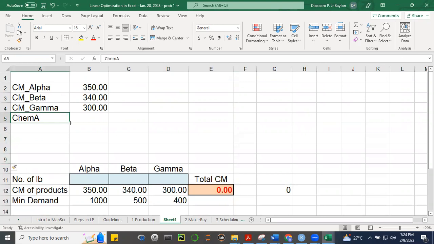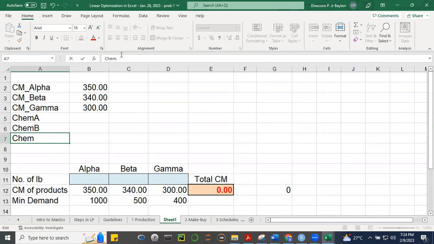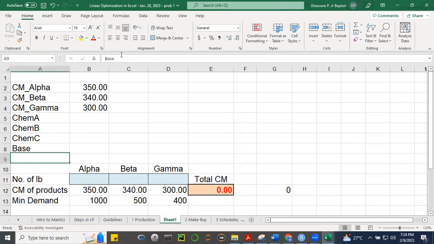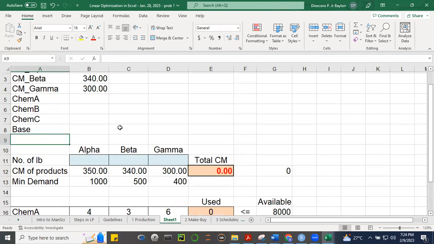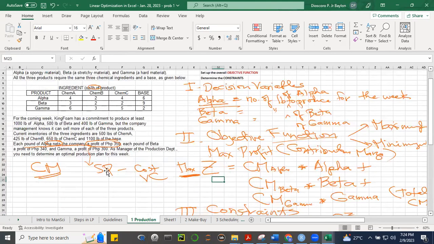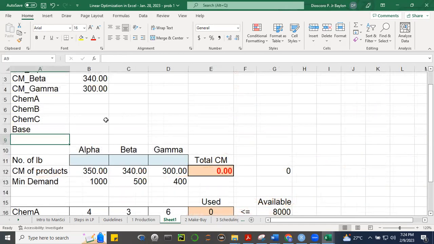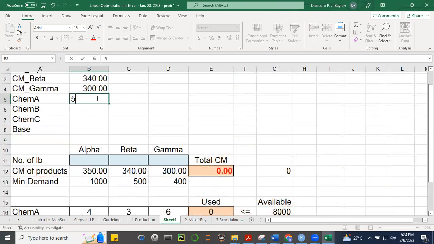So chemical A, B, C, and then we also have the base, so that we can link it to these cells here. Okay, so let's just change this. So it's 500, 425, 650, 1100. Okay, 500, 500, 425.